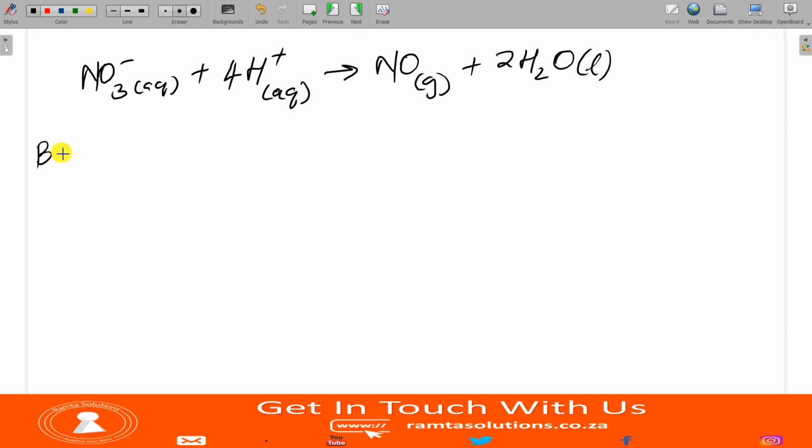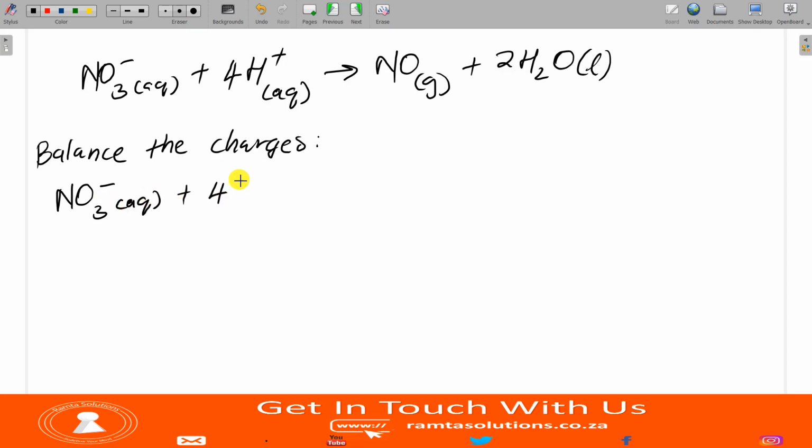Now balance the charges. On the reactant, we had NO3 minus aqueous plus 4H plus aqueous.